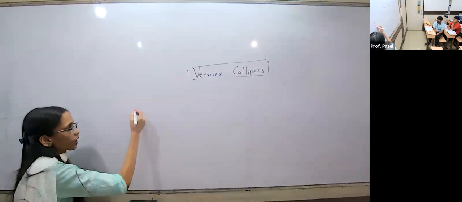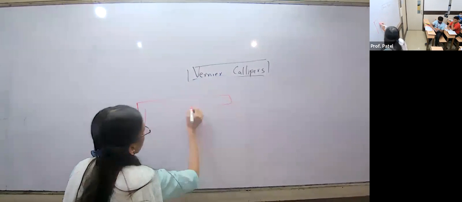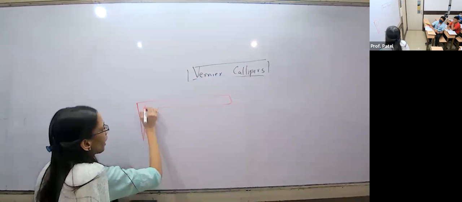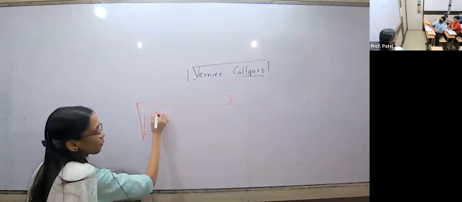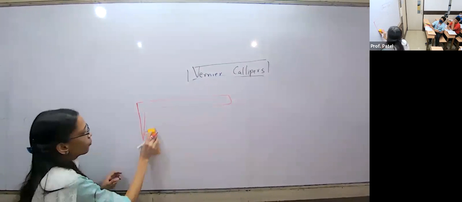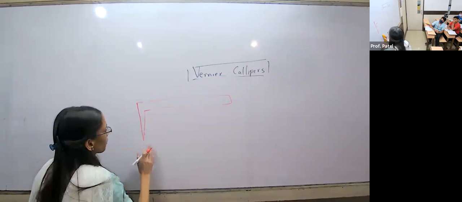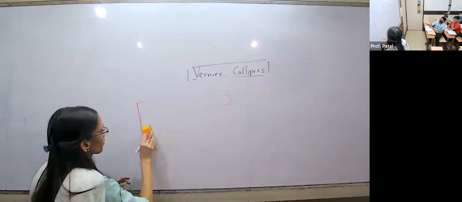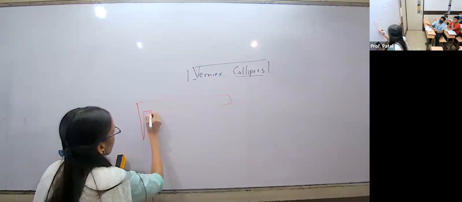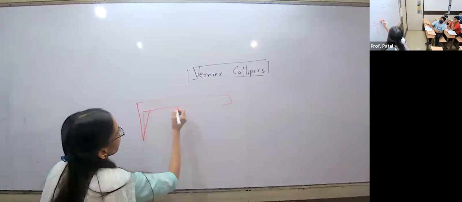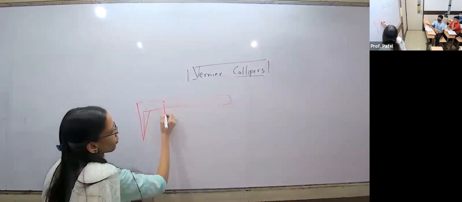So what is the tougher one? I already told you that this was my vernier caliper, and you keep that object between the jaws, right? But if nothing is kept in between, then my main scale is at 0 and my vernier scale should also be at what? 0.